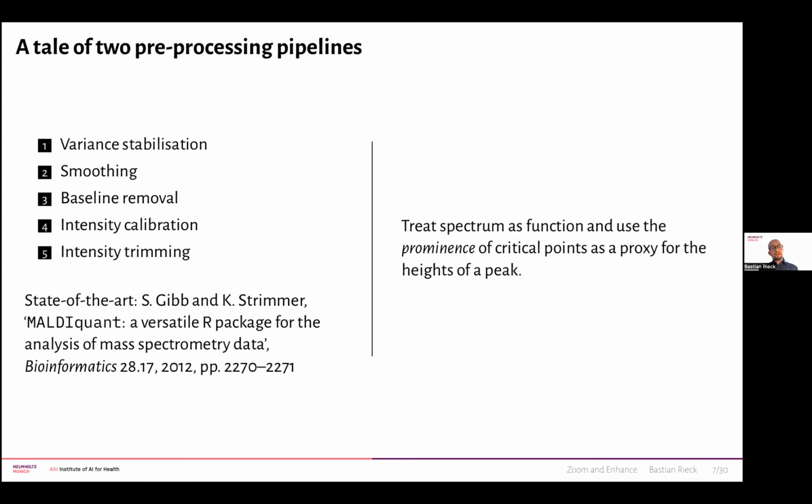The first, the classical pipeline, uses a very cool R package called MALDI-Quant, which is specifically geared towards analyzing mass spectrometry data, and has quite a lot of interesting steps which are required. One is the variance stabilization, so that you have a better variance of your individual spectra.